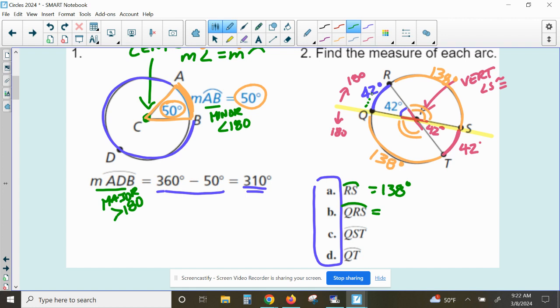Clockwise, because I have to pass R. Q to R to S. How many degrees is that? 180. That's half of a circle. We can easily see that. We don't even need to add up numbers.